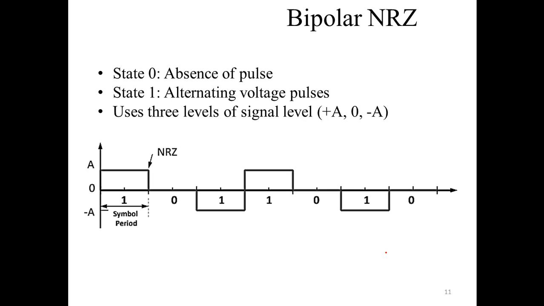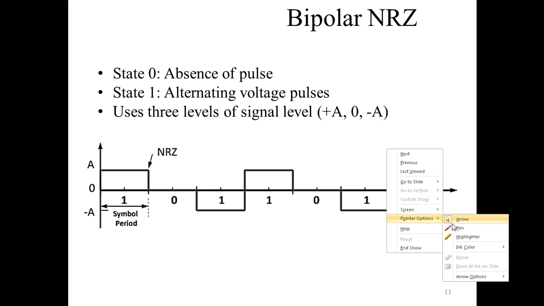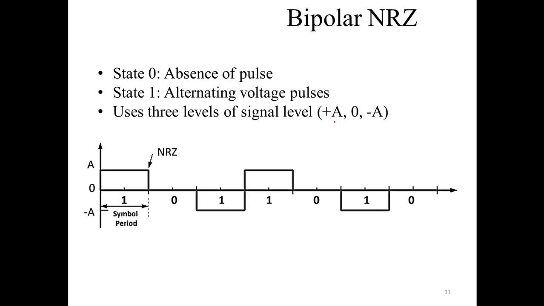Let's talk about bipolar AMI. This is a kind of scheme where you have three poles. Actually, you are using three levels. You know that in NRZ it will never come to zero for half a symbol period. It will complete its time, and when there is one, it will go to A, and when there is zero, it will continue at zero.